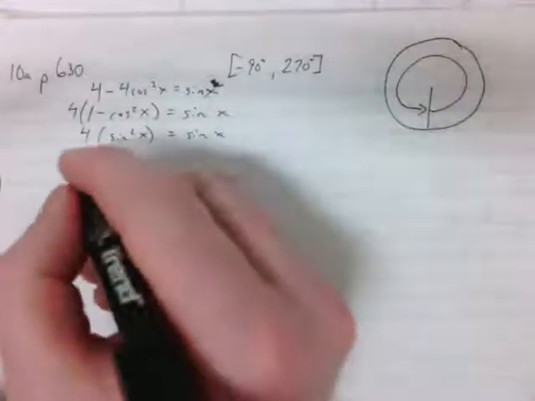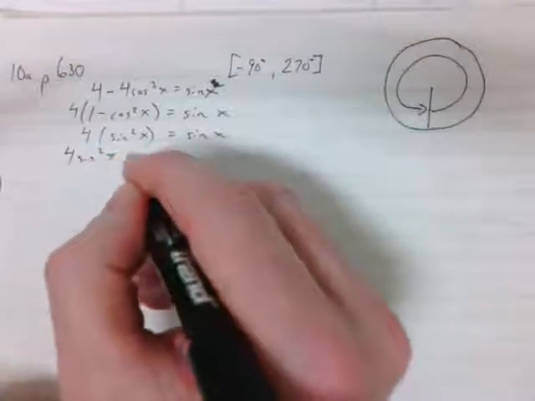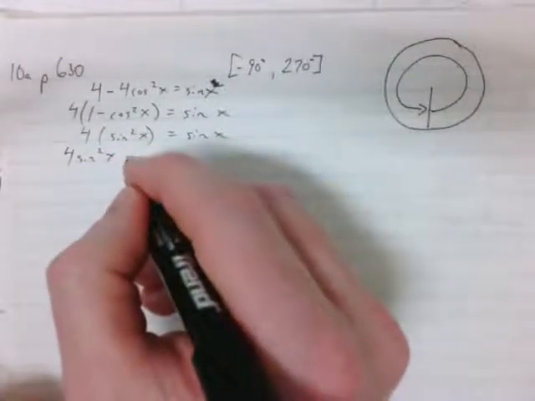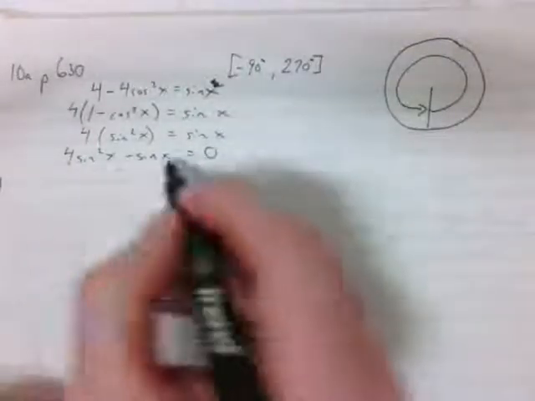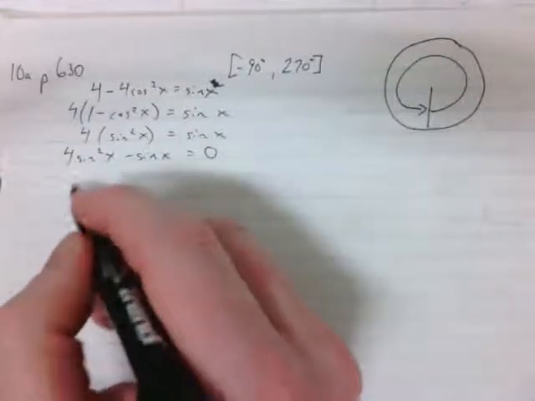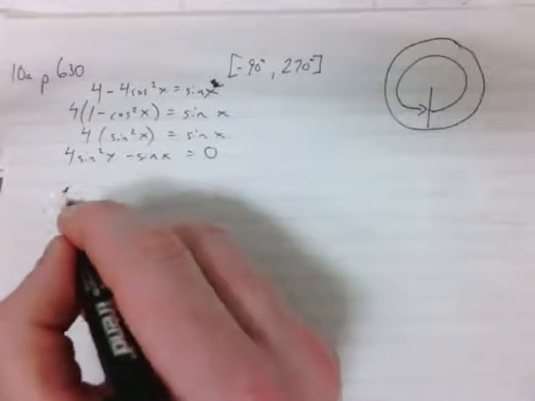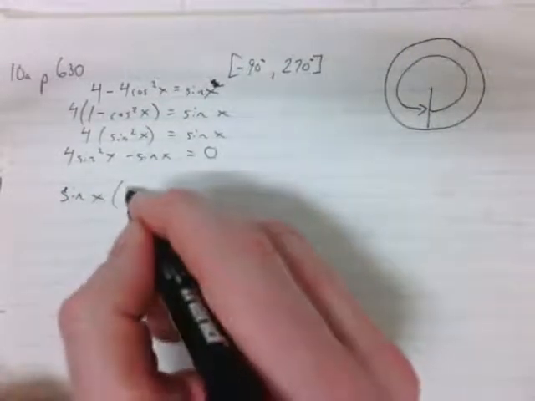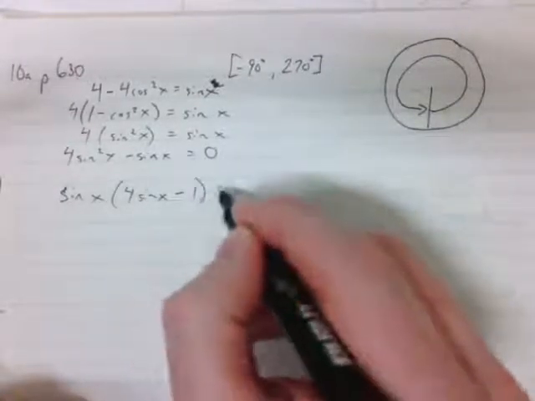So we're going to bring this to the other side so that we can have them all on one side. 4 sine squared of x minus sine of x equals 0. Factor this: it's going to be sine of x times 4 sine of x minus 1.